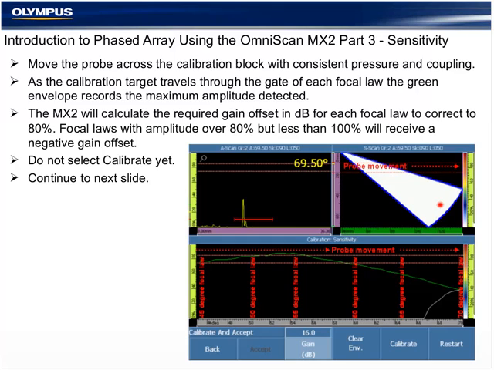So as I move the probe across the component slowly, the software is remembering the peak amplitude of every focal law and recording it with an envelope trace. Any signal that's above 100% or below approximately 5 to 10% will have an enormous error and won't allow the wizard to create the calibration.